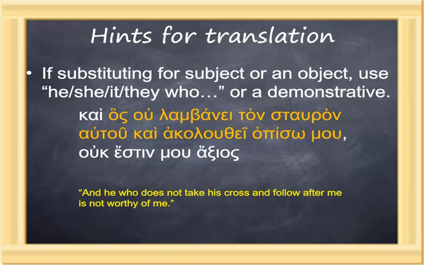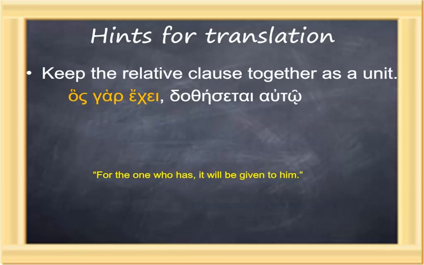And he who does not take his cross and follow after me, that's your subject, is not worthy of me. So it's really important to treat the relative clause as a unit and keep it together.